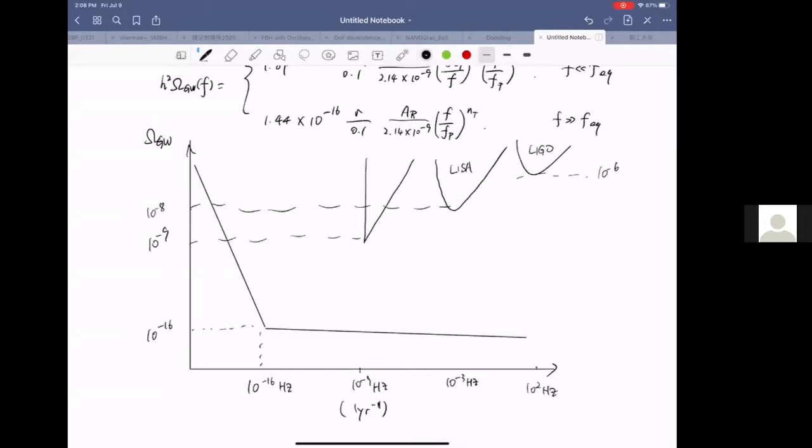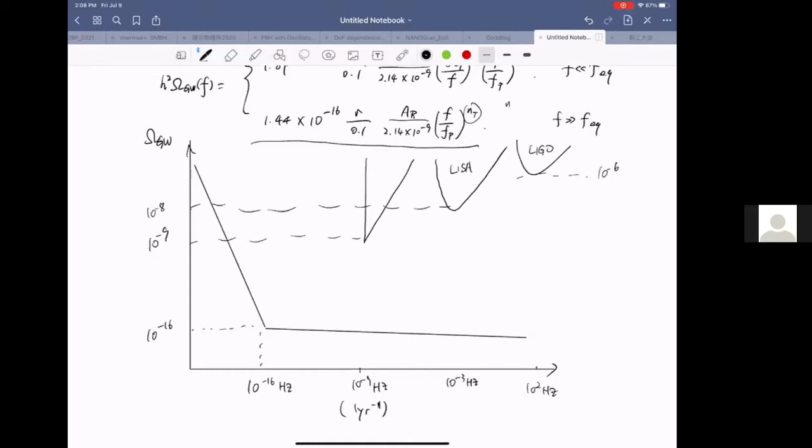If we want to have a larger amplitude for the primordial tensor perturbation, as you look at this formula, a possible way is to change the inflationary model, especially the model of gravity, to make the n_T positive.